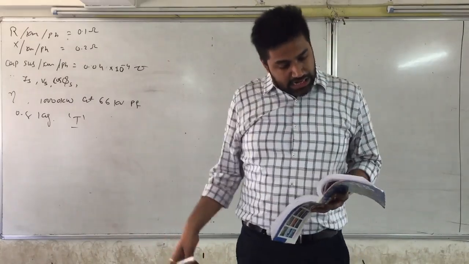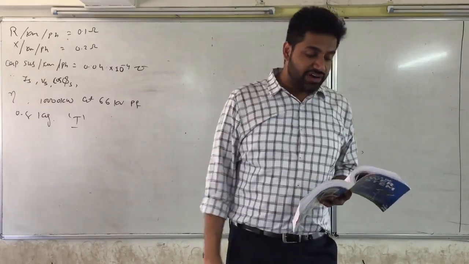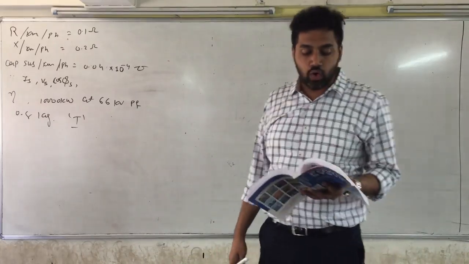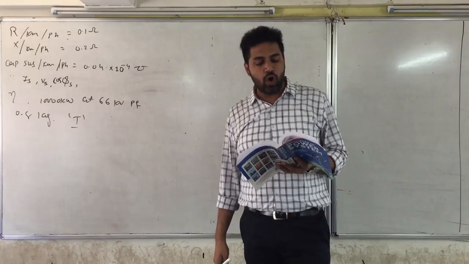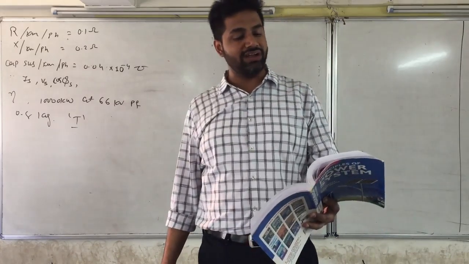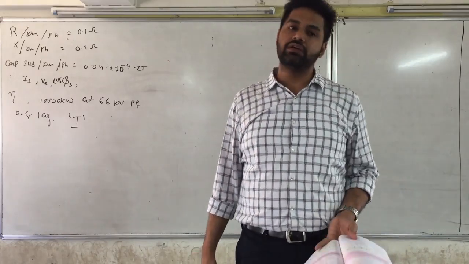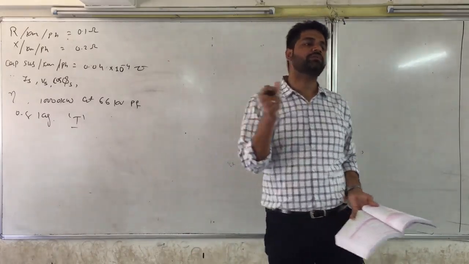Determine the sending end current, sending end voltage, sending end power factor, and the transmission efficiency when supplying a balanced load of 10,000 kilowatt at 66 kV, power factor 0.8 lagging. Use the nominal T method.